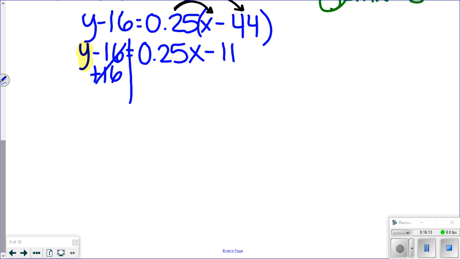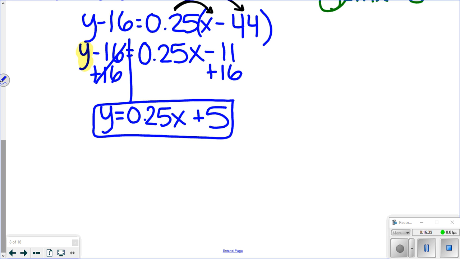I can't add 16 to an x, to a variable, so I'm going to write plus 16 under that negative 11. So now y equals 0.25x. What's negative 11 plus 16? We get 5.